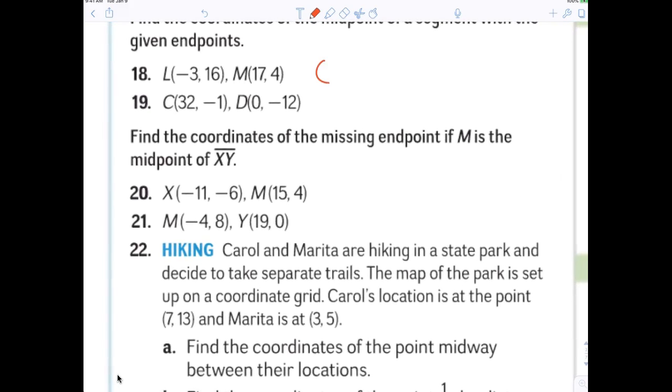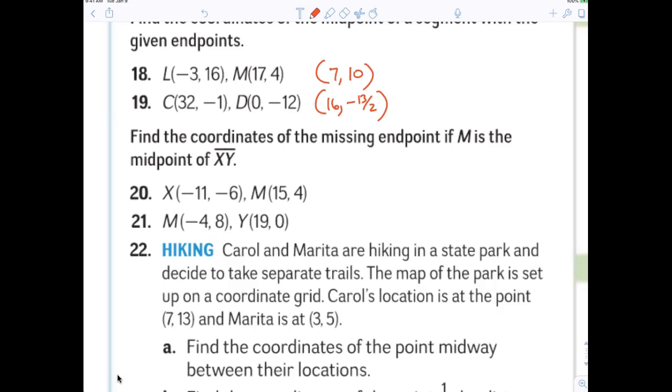The midpoint is 7, 10. 19, it should be, yes, or negative 13 over 2. Anybody have any issues?